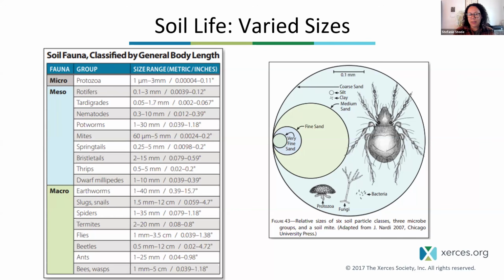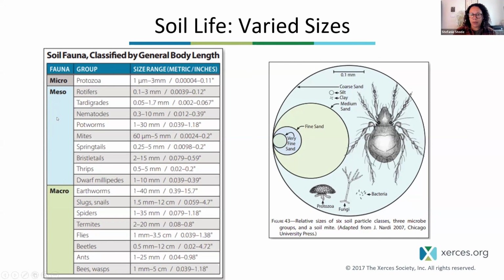It's compared to various size soil particles, different size categories of sand. And then the table on the left is showing the different size groups of animals discussed in the Farming for Soil Life book. So we won't discuss this microfauna group, but Steph did introduce it well to us.